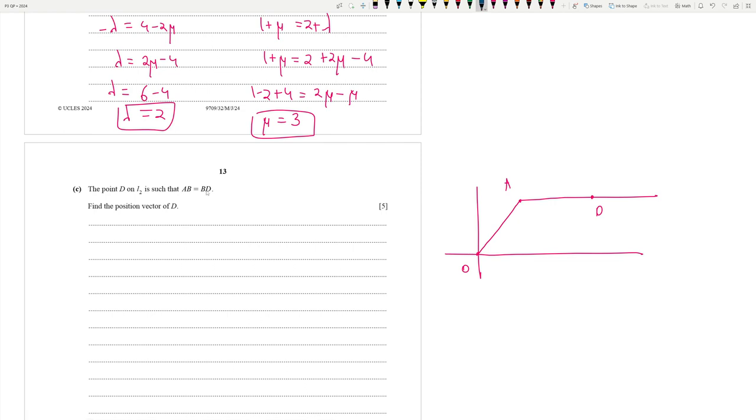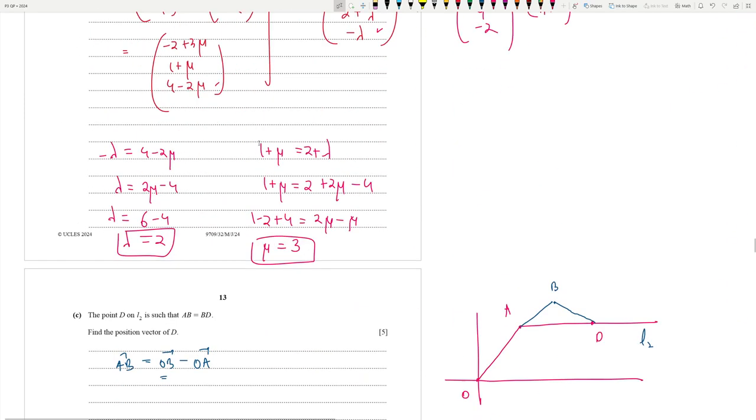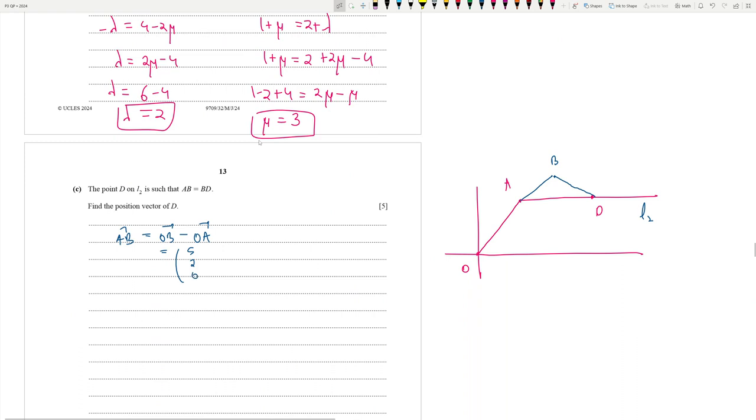So D is such a point on line 2 such that AB equals BD. We can easily find out AB using OB minus OA, which is 5, 2, 0 minus 2, 1, 4. That gives 7, 1, minus 4.